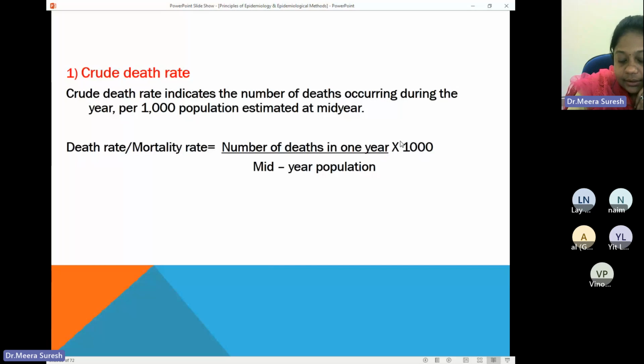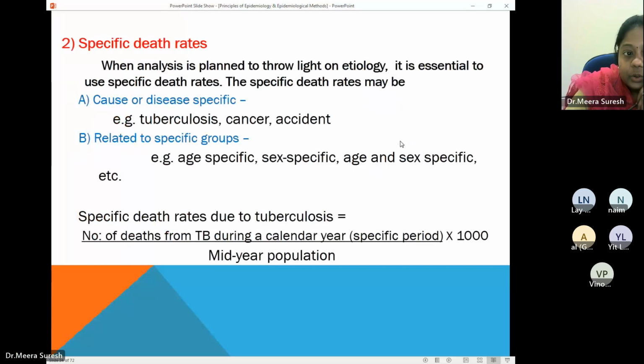We discussed it earlier. So the specific death rate, when we need to know about the etiology or the people who are affected, we go for specific death rate. It can be cause or disease specific, like due to tuberculosis. How many people died due to tuberculosis, cancer, road traffic accidents? Or it can be related to specific groups.